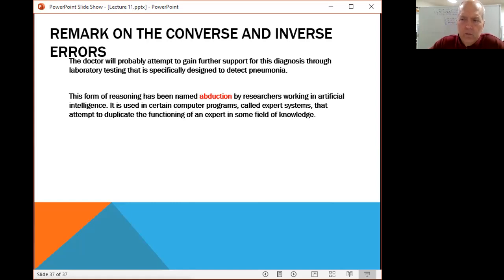And we concluded with the idea that sometimes in the field, people will do what's known as abduction. Even though a converse error is a logical error, they will pursue it on the basis that there's a probability, not a certainty, that it could be the case. And then they find corroborating evidence to support that reasoning.